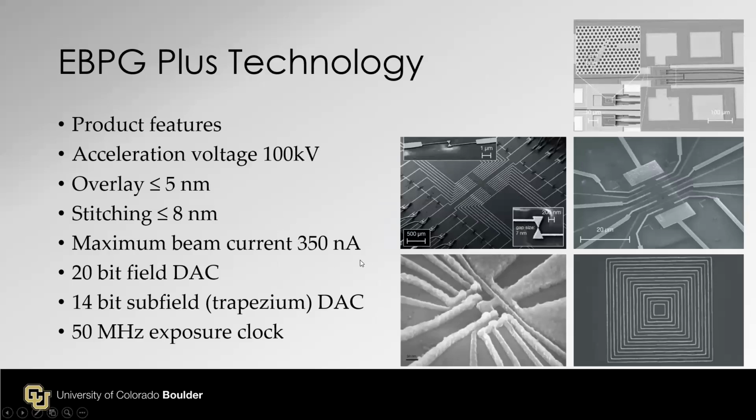I don't know how often we want to use large beam current, but it's available. 20-bit field digital analog converter, 14-bit subfield DAC, 50 megahertz exposure clock. And you can make various structures here. By the way, I believe this is 5 nanometer lines.